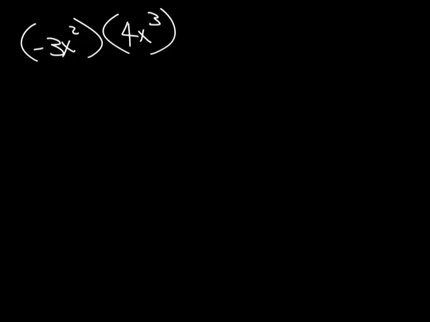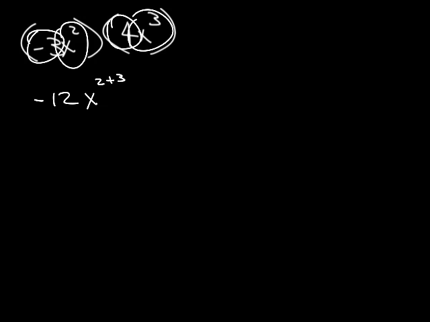So we follow the rules that we've learned all along through the course and just take them one at a time. We're going to take the negative 3 and 4 and multiply them. Then we're going to take the variables, x squared and x cubed. And remember, when you multiply exponents, you add the exponents. So negative 12x to the 5th power. And that's it as far as multiplying those.